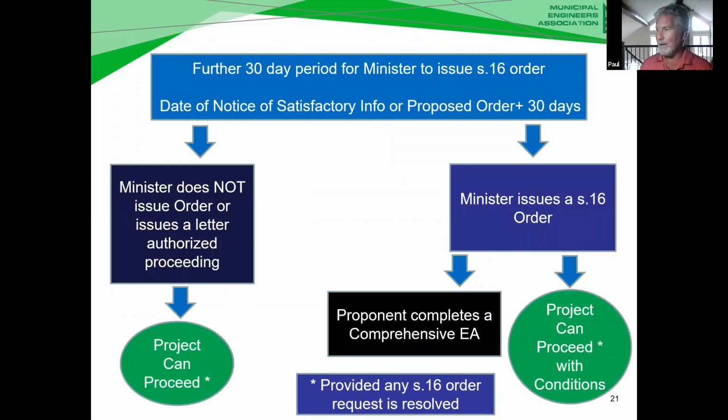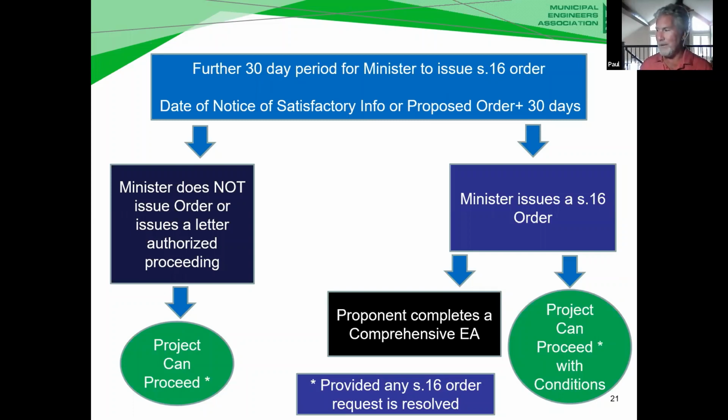So the ministry can go through and ask you for more information, and then simply not act. And if you wait those third 30 days, so up to day 90, and the minister does not issue an order, then you're free to proceed.